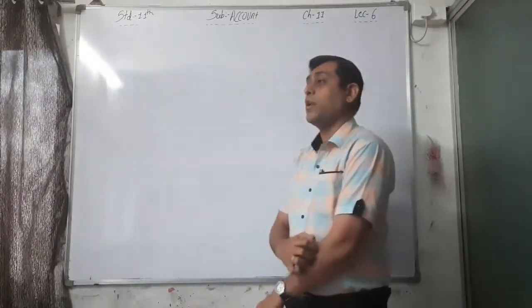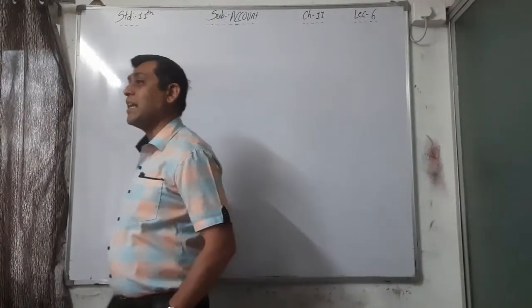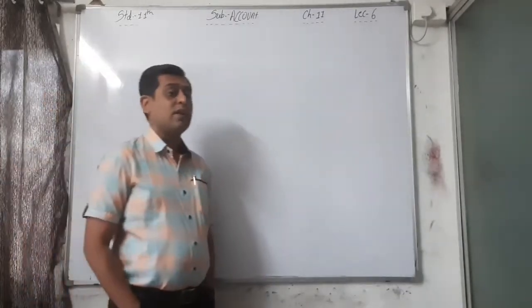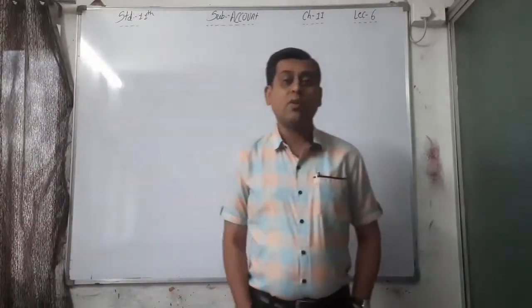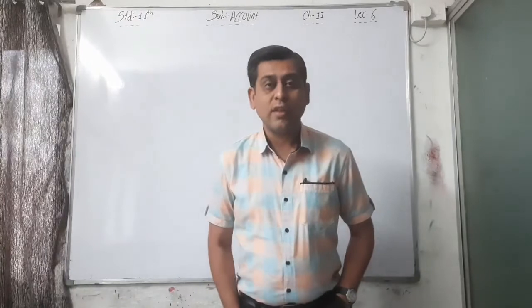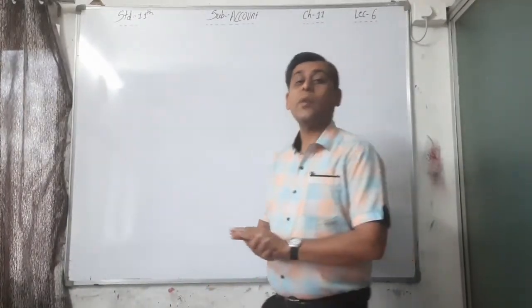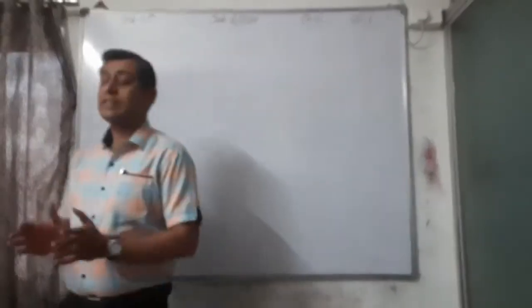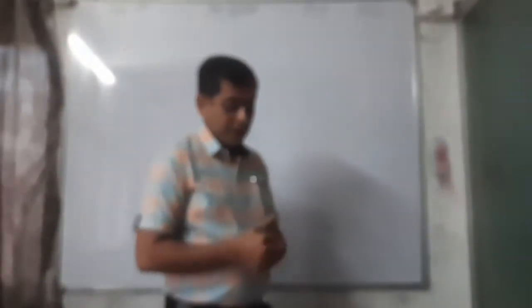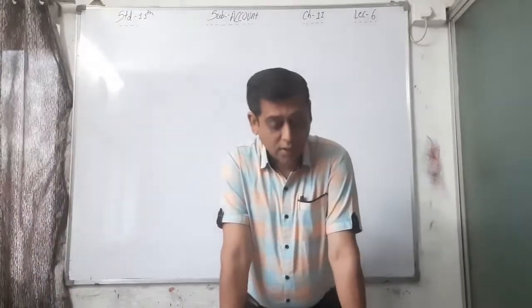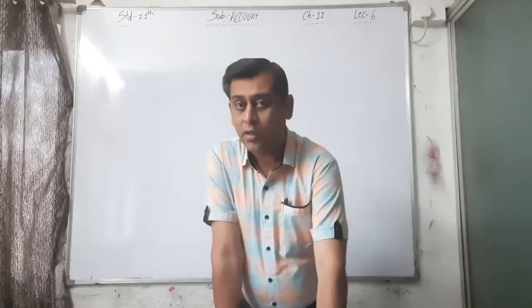Then your sum is complete and you will get 10 to 12 marks for this type of sum. It is a very easy chapter, but the main thing is you have to remember the rules.